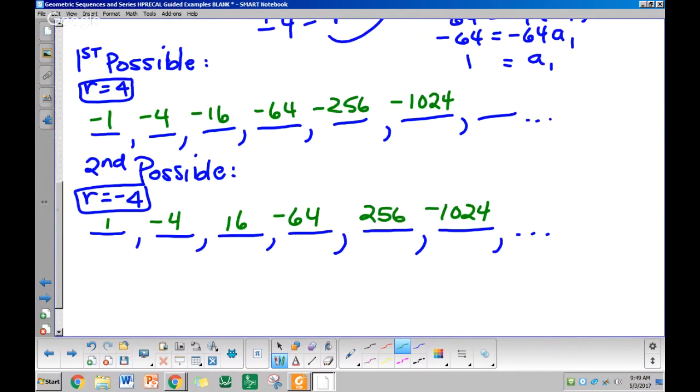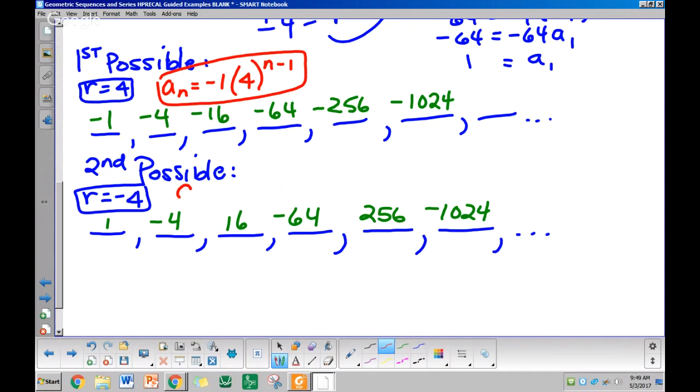But we have two separate A sub n's, don't we? A sub n here equals A sub 1, which is -1 times 4 to the n minus 1.